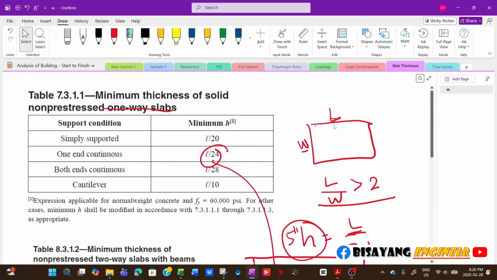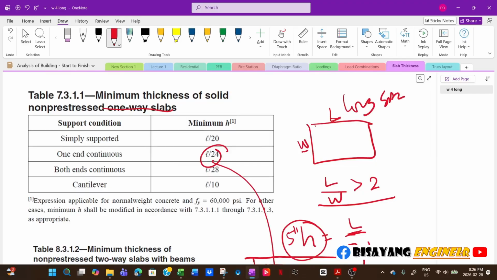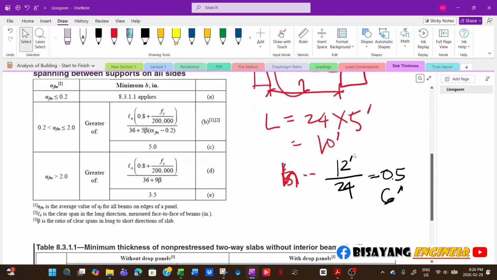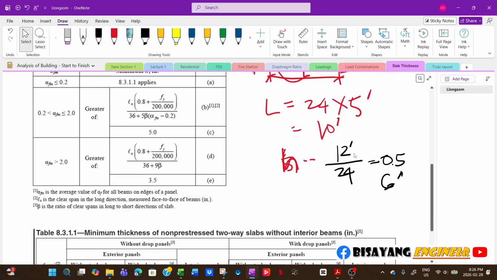So this one is the long span, and this one is the short span. If the long span is bigger than twice the short span, that is a one-way slab. Now, if you decide to have just a single intermediate beam, that means your minimum slab thickness is 6 inches.